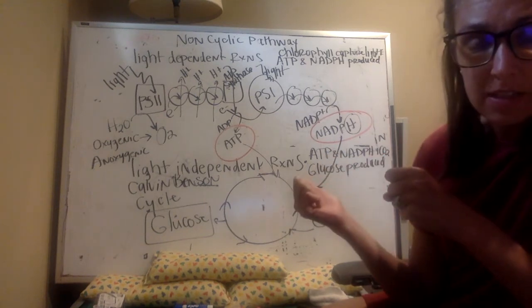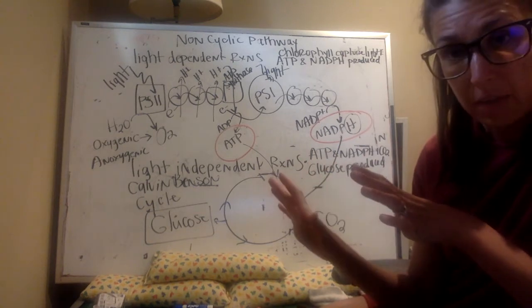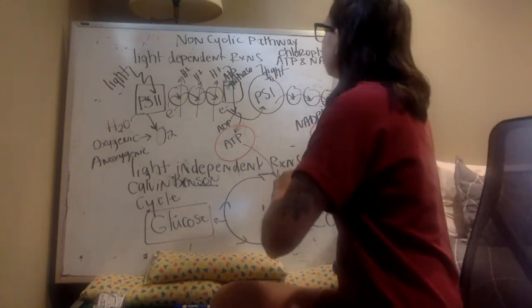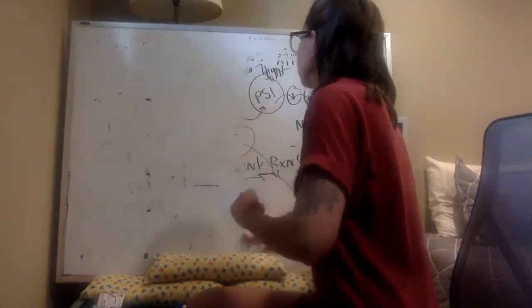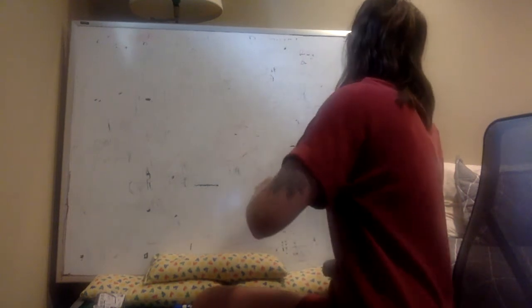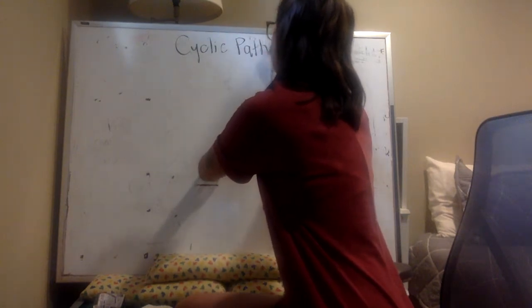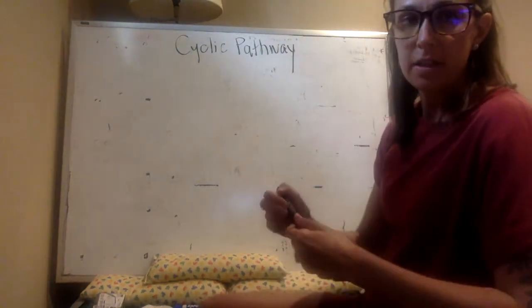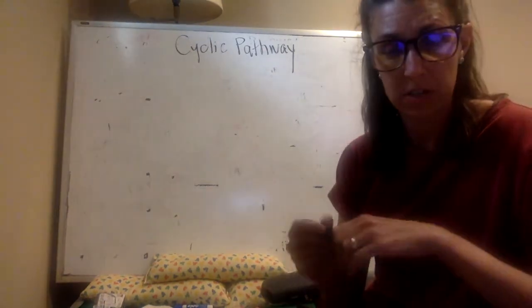All right, so I'm going to erase this and we're going to talk briefly about another component called the cyclic pathway. Remember, this all is the non-cyclic pathway. The cyclic pathway does not produce glucose, and only one photosystem is used.